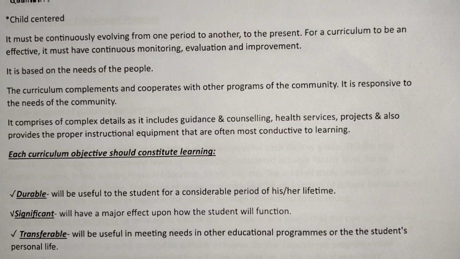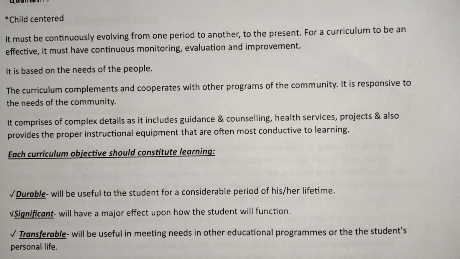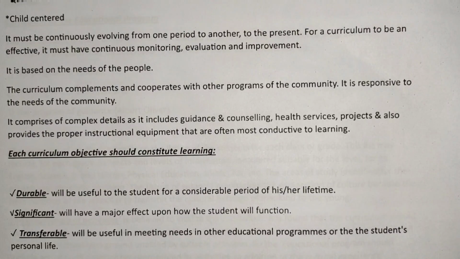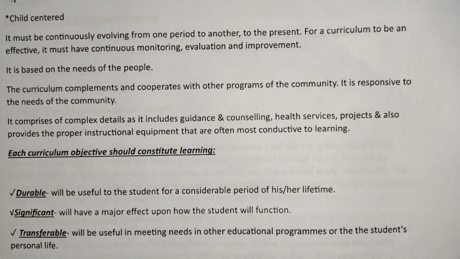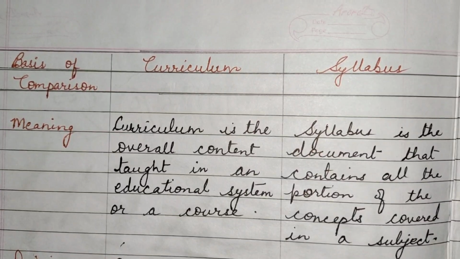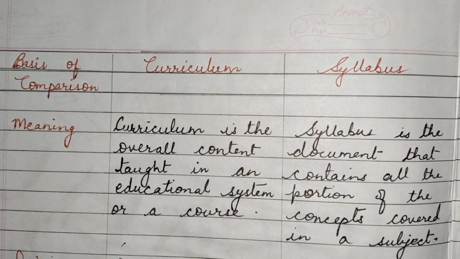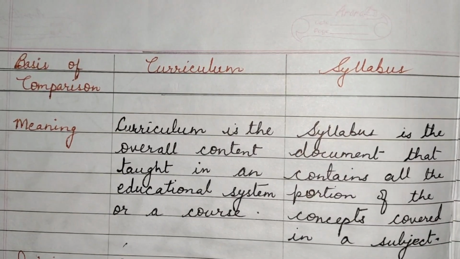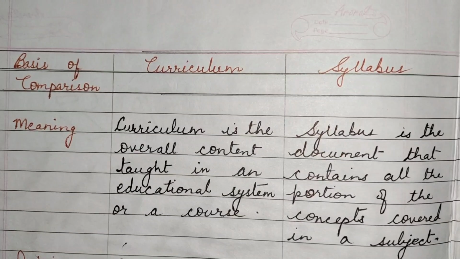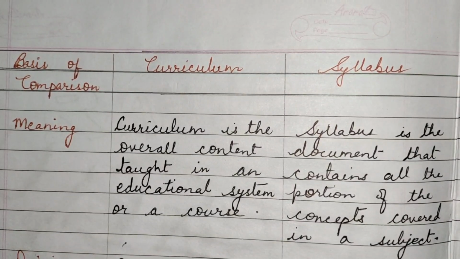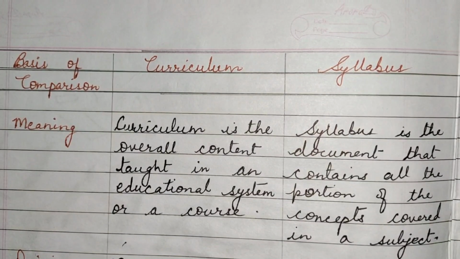And transferable: will be useful in meeting needs in other educational programs or the student's personal life. Next comes the basis of comparison between curriculum and syllabus. Meaning, curriculum is the overall content taught in an education system or a course, and syllabus is a document that contains all the portions of the concepts covered in a subject.